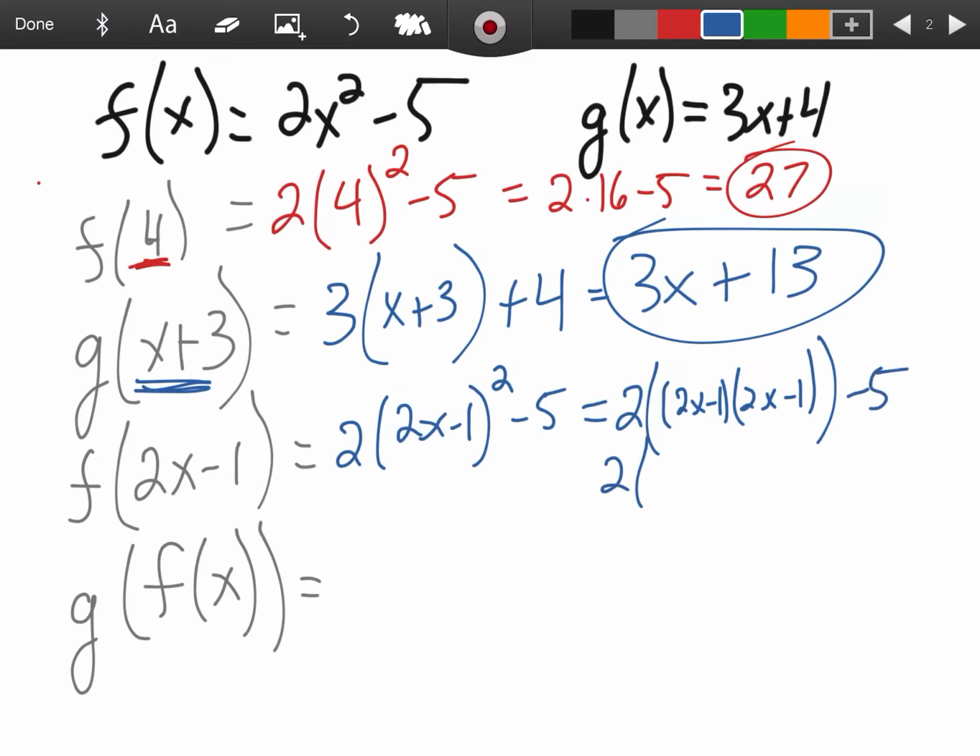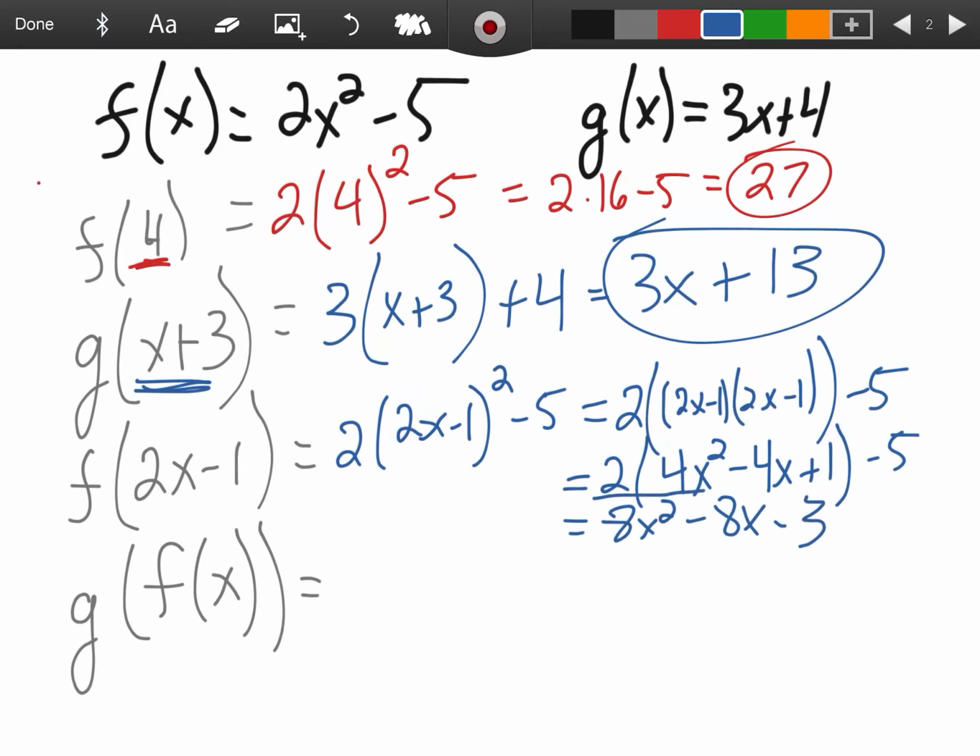That's 2 times 2x minus 1 times 2x minus 1, which is 4x squared minus 2x minus 4x plus 1, minus 5. That's equal to 8x squared minus 8x plus 2 minus 5, which is minus 3. So 8x squared minus 8x minus 3.